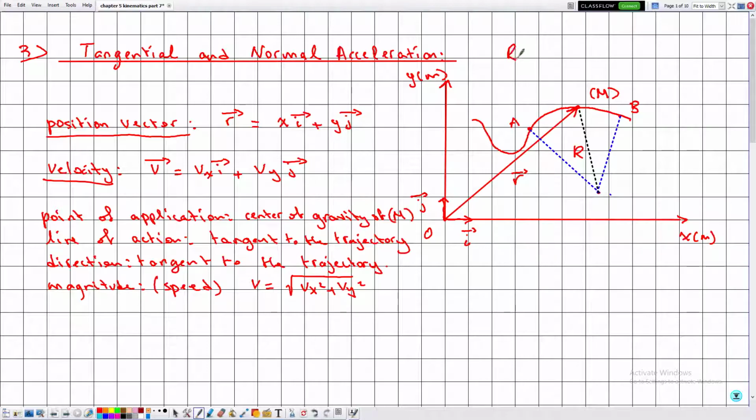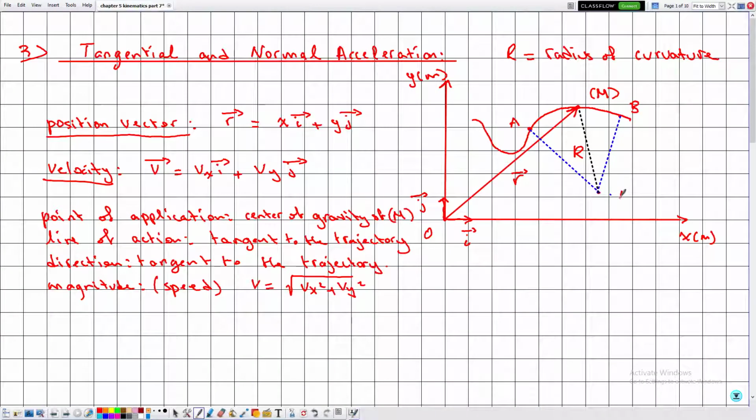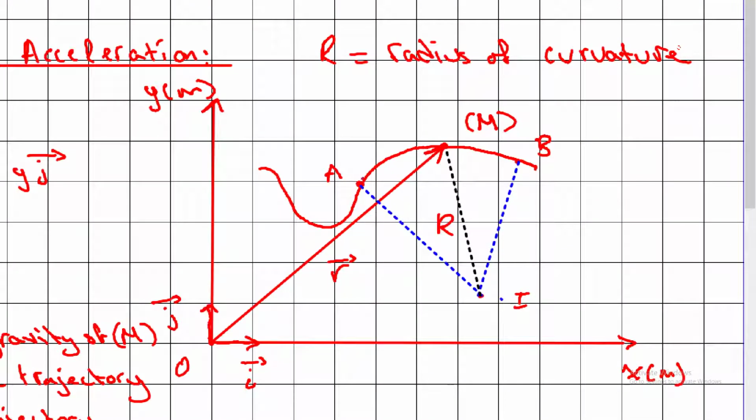Then we will call r the radius of curvature. So I repeat that along the path from the points A to B, this part can be considered as an arc of a circle of center I and radius r. We call r the radius of curvature. This is the curvature here, okay?